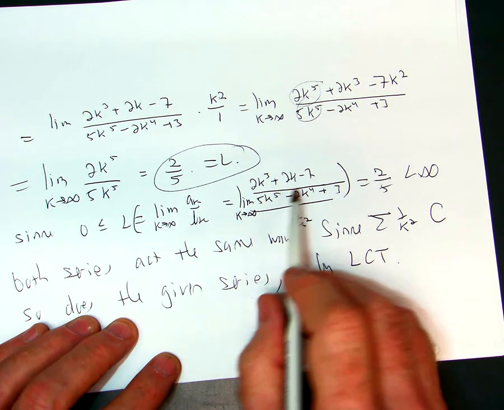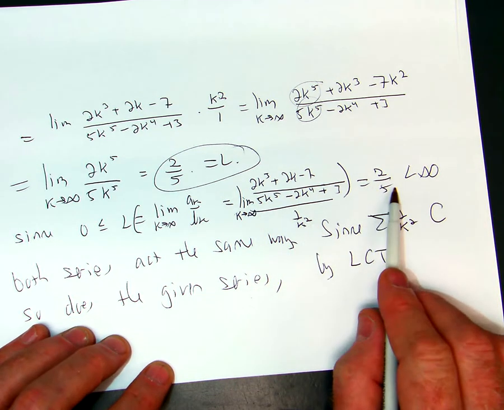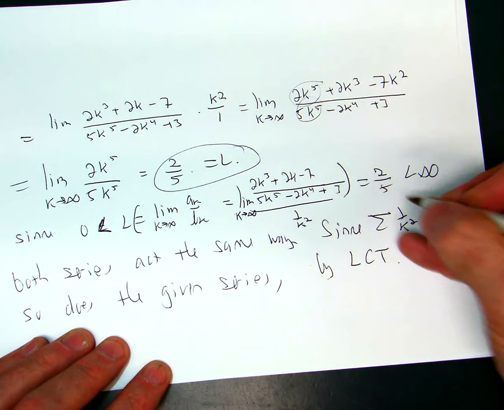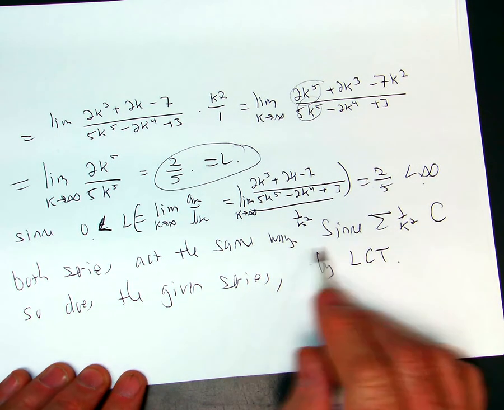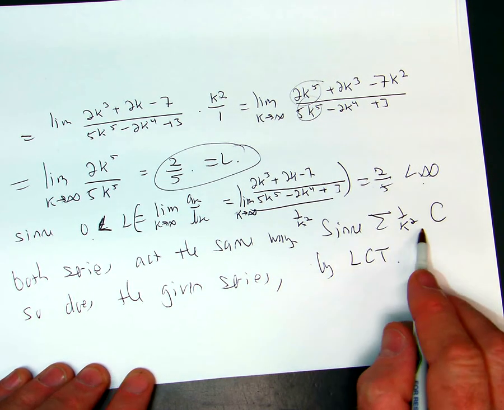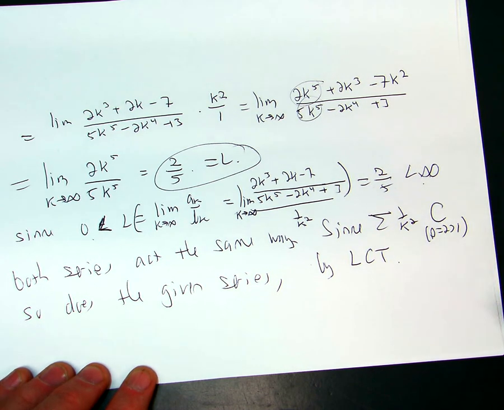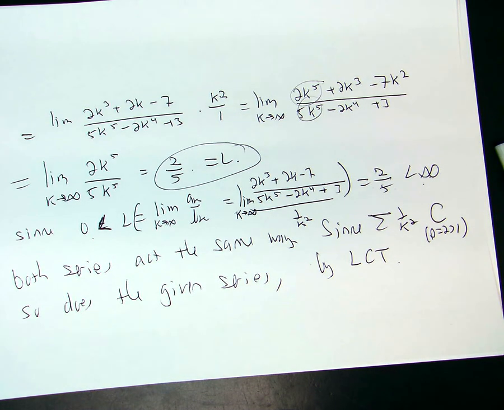But AK over BK, which is this limit, is equal to 2/5. It's both positive and finite. Both series act the same way. Since this converges, because P is equal to 2, greater than 1, is a P series, so does the given series by the limit comparison test. Well, good.